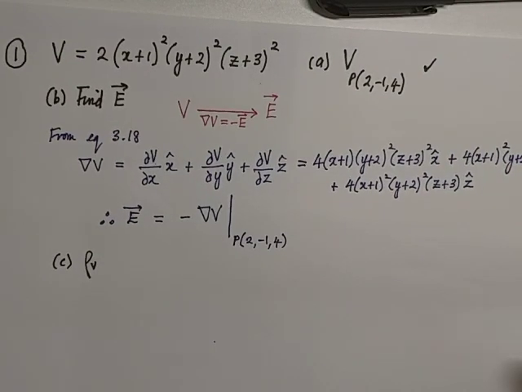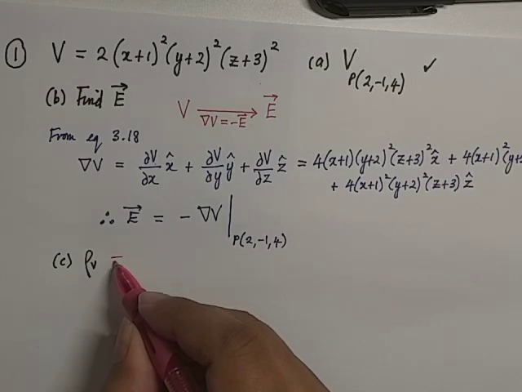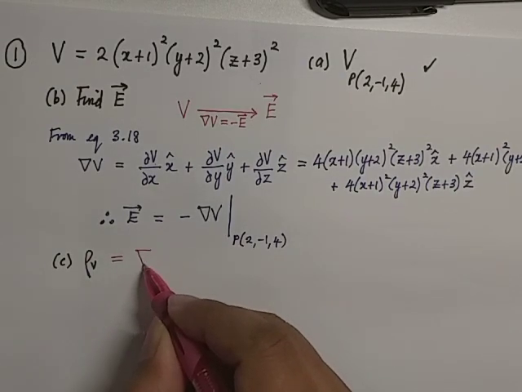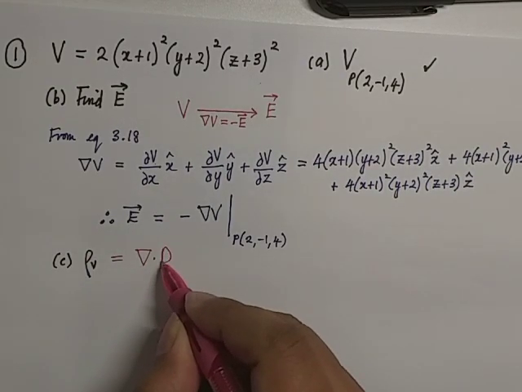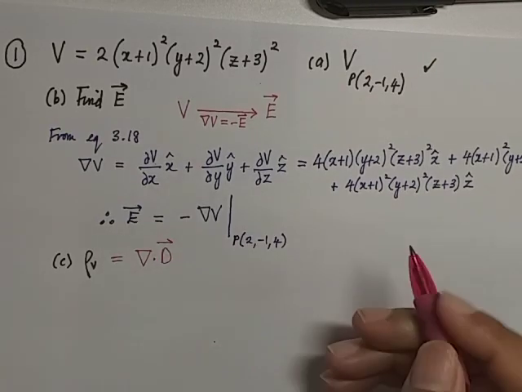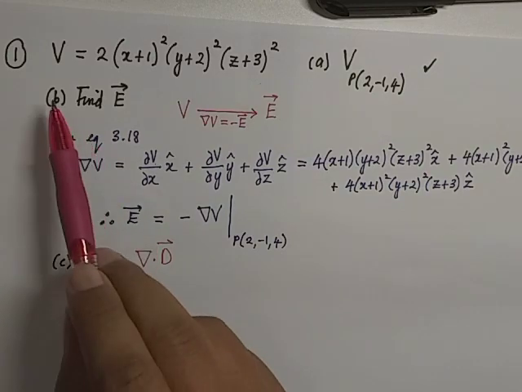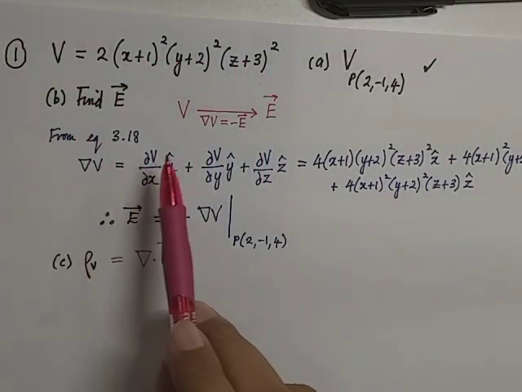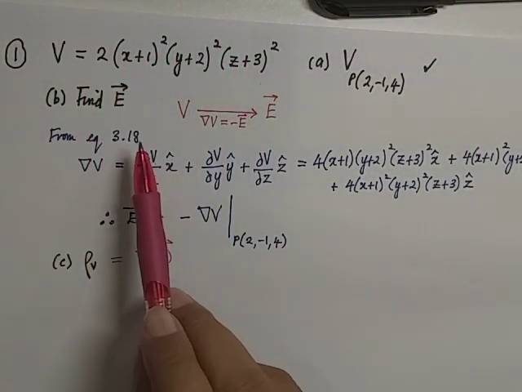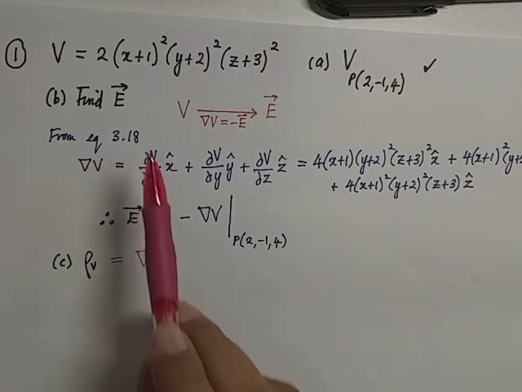Okay, how do we find rho V? By using this equation, which we call Maxwell equation number 1. As you can see, this equation has the del notation, and this term depends on which coordinate system. As we agreed just now, the coordinate system that we are using in this problem is Cartesian.